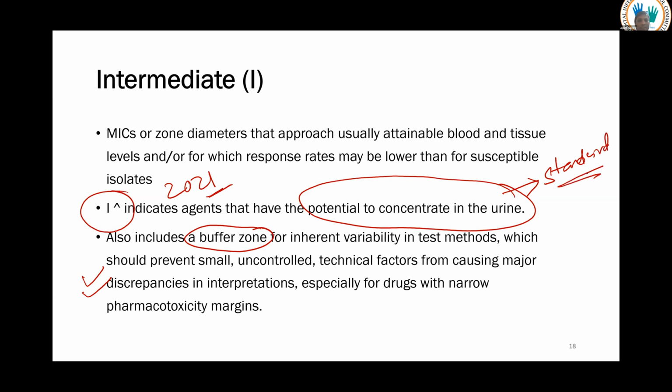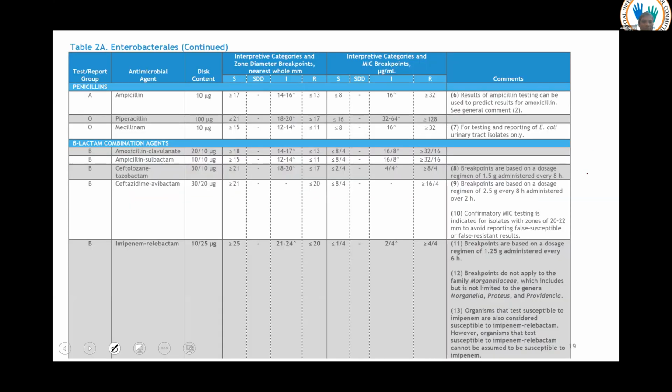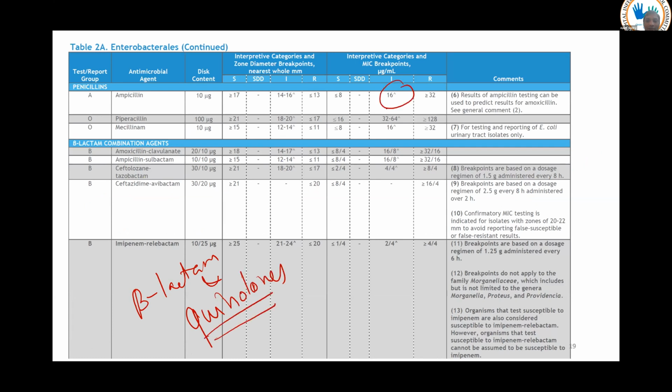Okay, so this is the picture you can see. This is the Enterobacterales breakpoint table. Usually the beta-lactam antibiotics and quinolones are the two broad categories of antibiotics which they have given an I caret symbol here. For both MIC as well as diffusion breakpoints, the I caret symbol is there. The meaning of that is it will work because it is physiologically concentrated in urine.